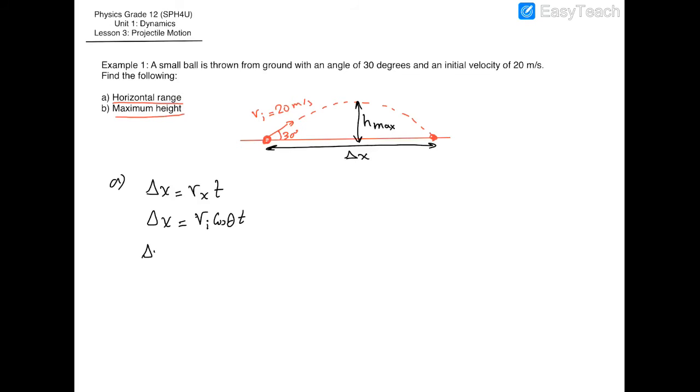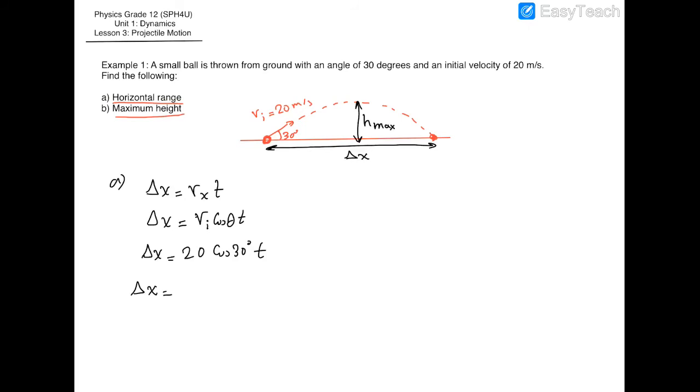Okay, so let's substitute the values that we have. Do I have Vi? Yes, it's 20. Do I have theta? Yes, it's 30 degrees. Do I have time? No. Okay, so far I know that delta x, which I'm looking for in part A, is going to be 20 cosine 30 times t.